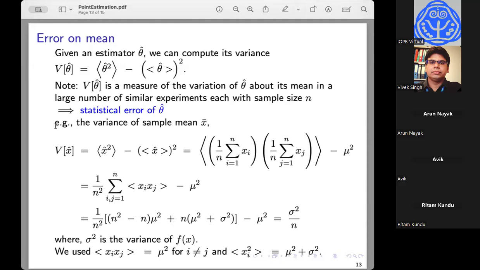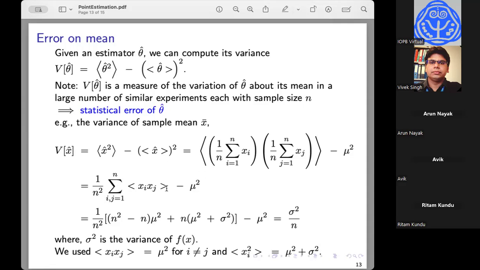Now for the variance of the sample mean x bar, which you can write as V of x bar. If you do all this algebra, you can calculate that this will give you 1 over n square times the sum over the expectation of (xi minus mu) square.